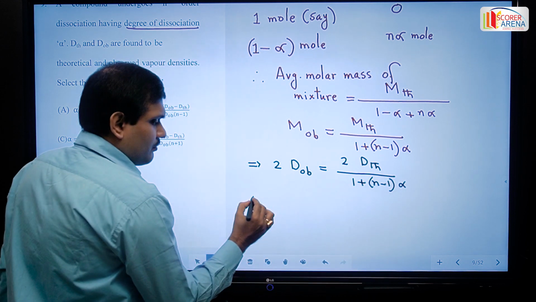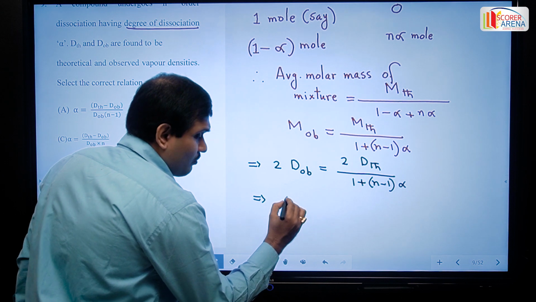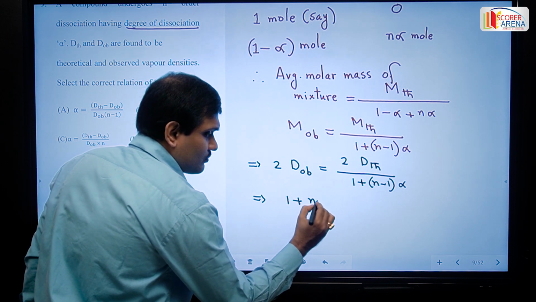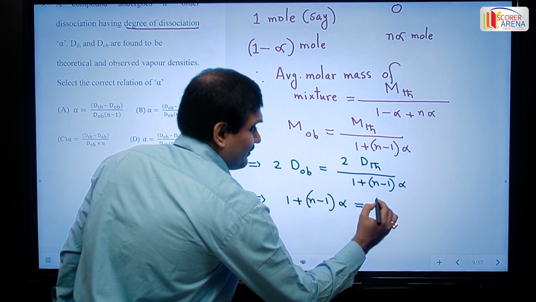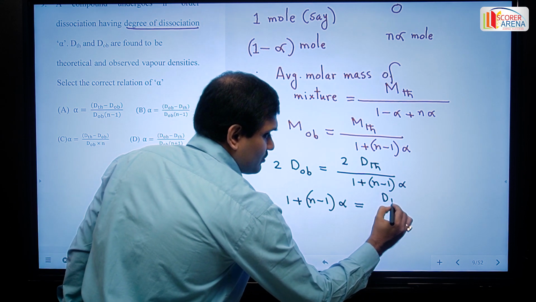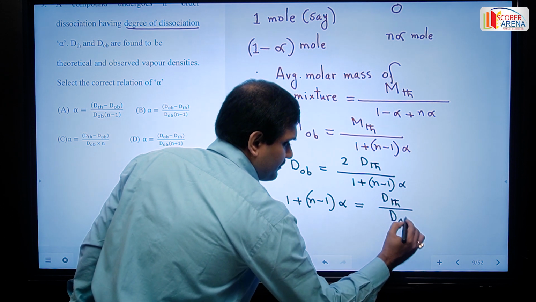Now cancelling 2 from both sides, we get this relation: 1 plus n minus 1 into alpha is equal to d theoretical by d observed.